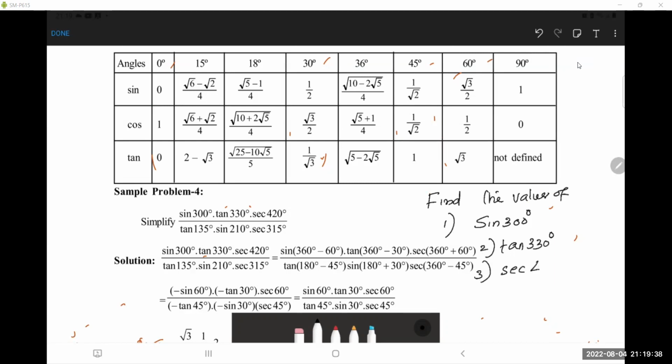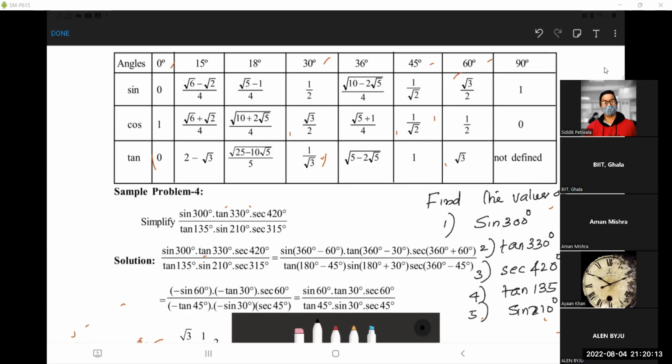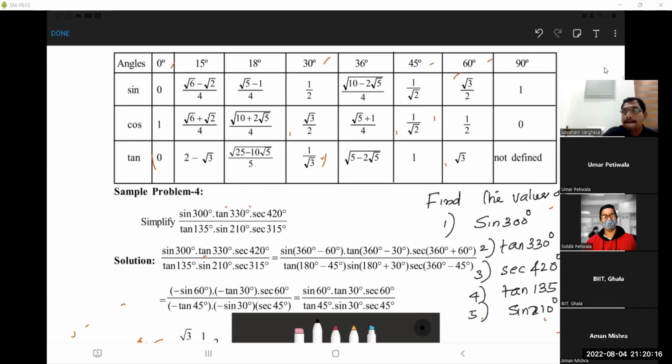Sec 420 degree. Question number 4. Tan 135 degree. Question number 5. Sine 210 degree. Please try these 5 questions now. Once you get the answers, you can send them to me also.